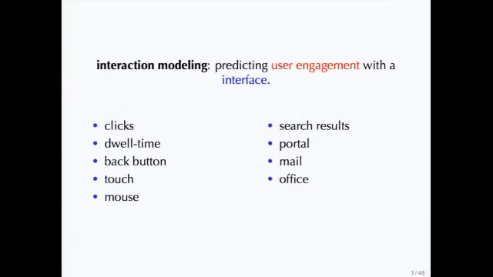Okay, so it's exactly the same definitions of engagement and of interfaces I listed before. So I'm interested in being able to predict how users are going to click. I'm interested in understanding how they're moving the mouse or touching the interface without actually ever having presented this interface to real users.